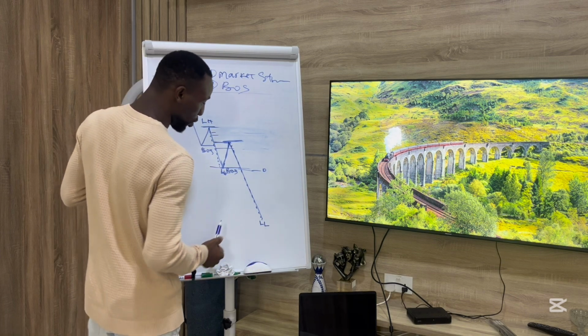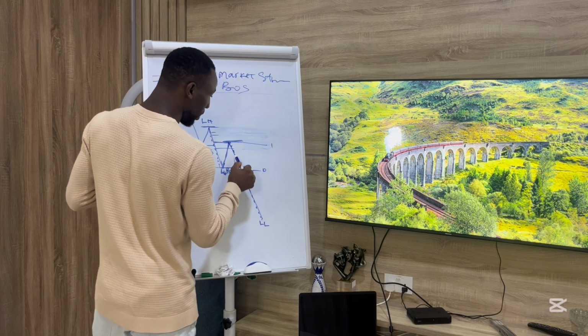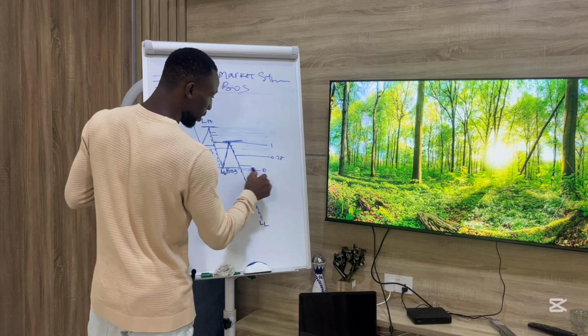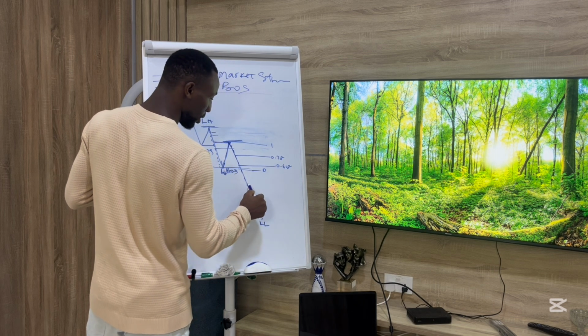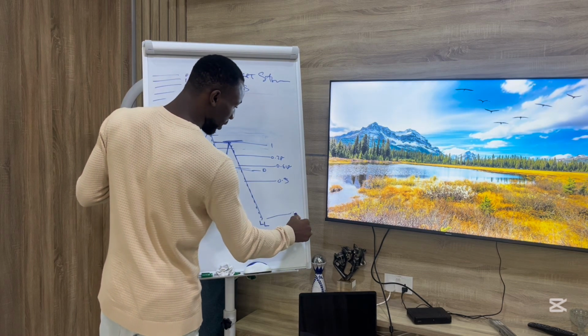And placing it to the new lower low, you observe that your Fibonacci will be giving you 1 here, 0.78 here, 0.618 here, 0.5, and then here 0.